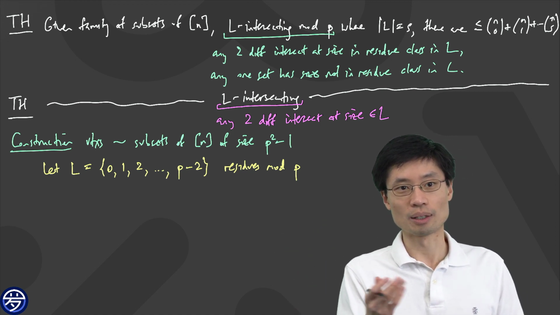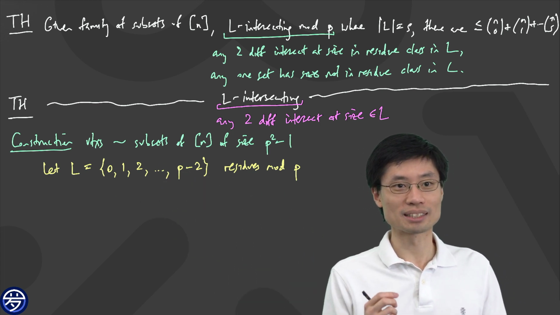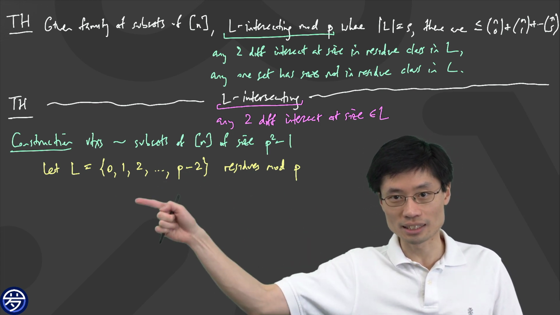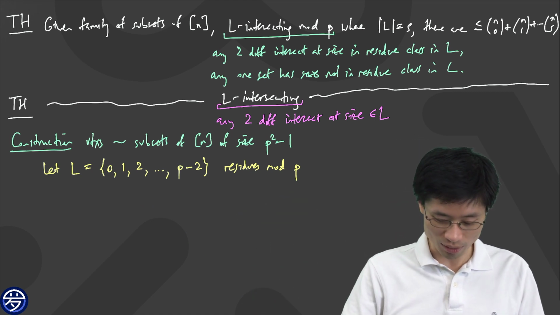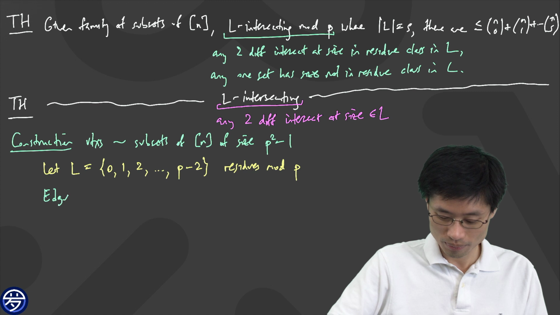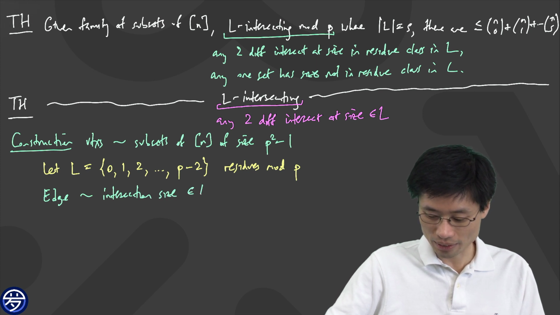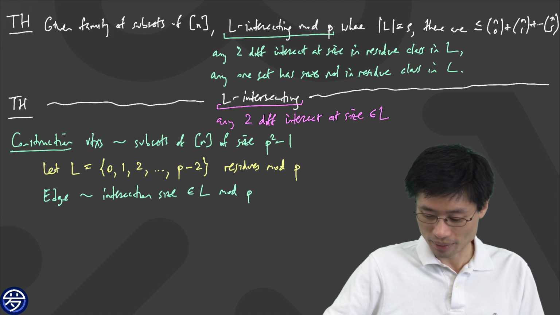Actually it doesn't matter whether you call them edges or not edges, but what Bryce is suggesting is that if the intersection size is in here, call those edges, and that would be perfectly reasonable. So we say that an edge means that the intersection size is in L mod p.